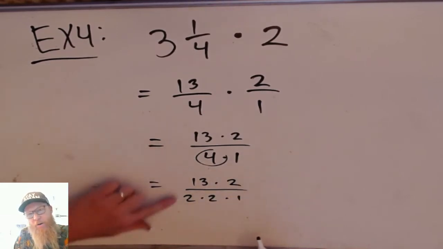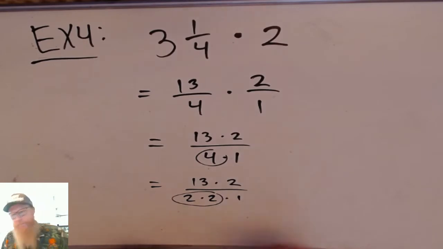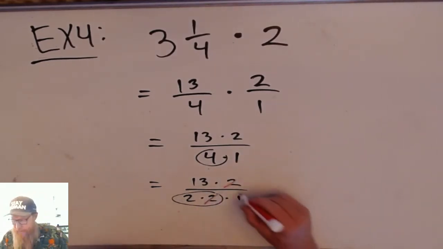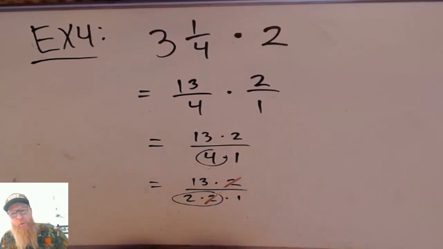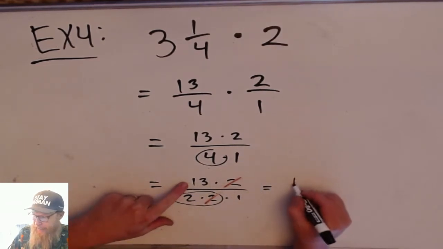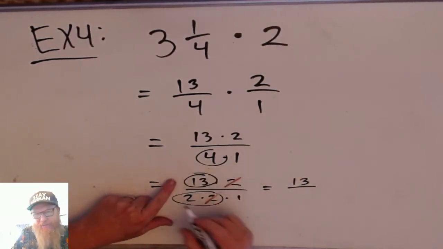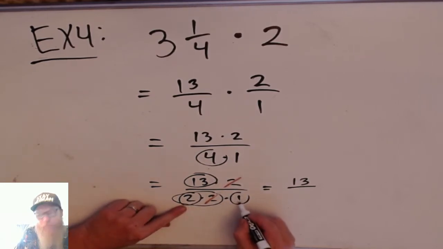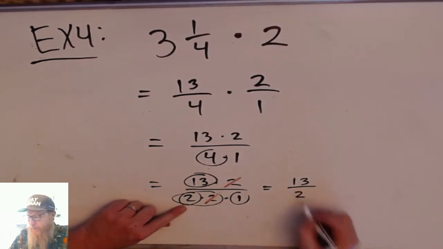So 4 becomes 2 times 2. And now I can cross off a pair of 2's. That's a special form of 1. So I multiply, I get 13 because that's all that's left on the top. And then 2 times 1, I really didn't have to write the 1 because 2 times 1 is just 2.